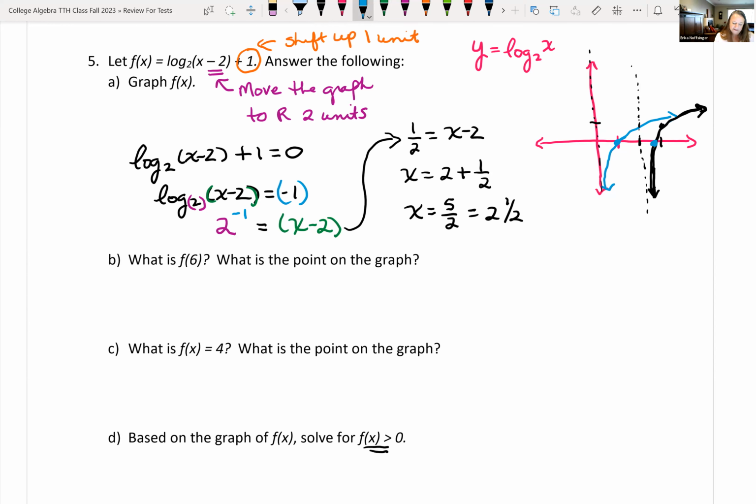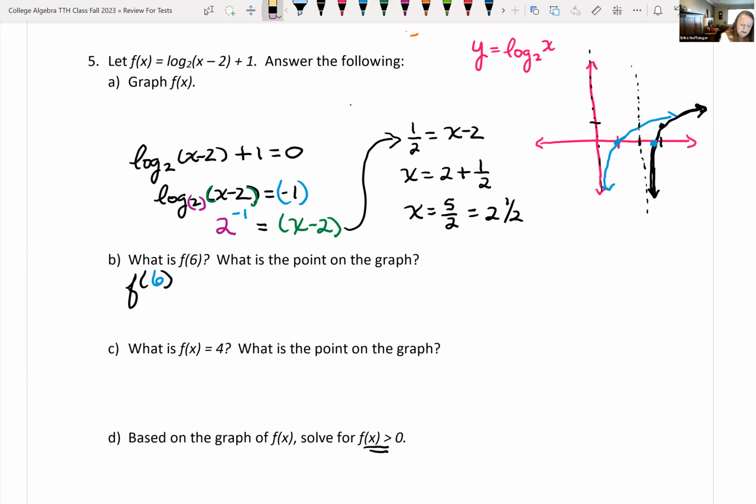So what is f of 6 and what is the point on the graph? So f of 6, we're just going to go in wherever we saw an x in f of x. Just going to erase this for a sec. So here's our equation. We're going to go into f of x and we're going to plug in 6 wherever we see an x.